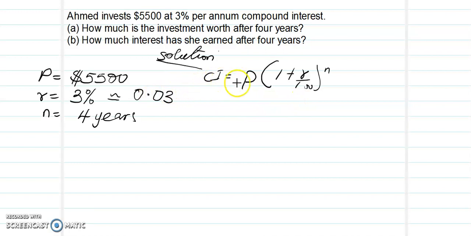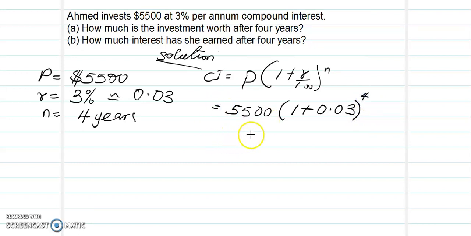So this gives us 5,500 into (1 plus 0.03) power N, where N is 4, the time. So this will give us 5,500 into 1.03 power 4. This plus this gives us this.